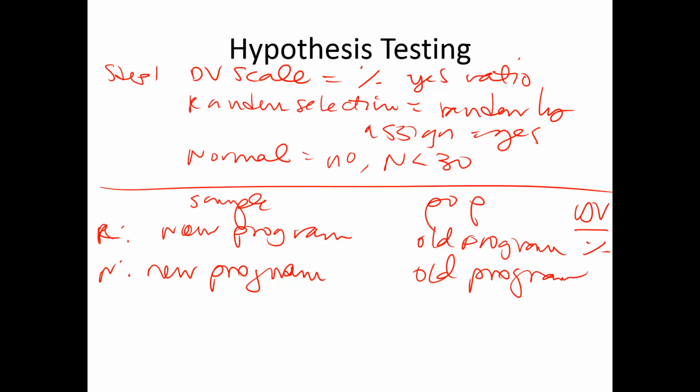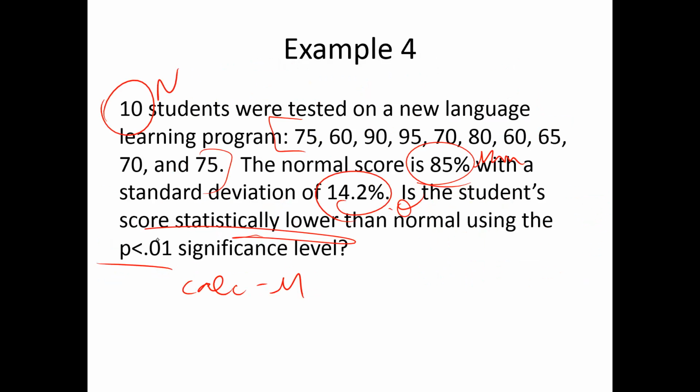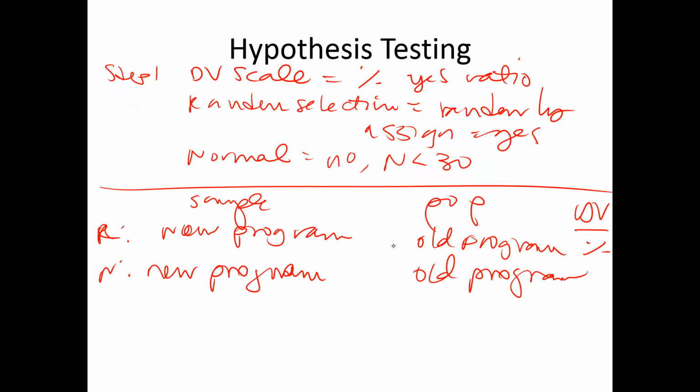Okay, and let's see here. Are the scores statistically lower? So I actually did a prediction that their scores would go down with this new language learning program. Okay. So I would say that they're less than, greater, and then greater than or equal to. So this is a one-tail test where it's less than.